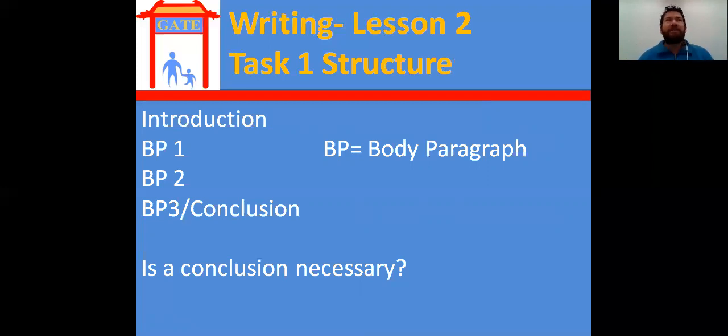So in that situation, I'd say a conclusion is not necessary, but if you have the ability to write quickly, then you can always put it in. The other thing about a conclusion is that it can fill up time if you're struggling with what to write. If you don't know what to put in a BP3, you can put in a conclusion to get your words over 150.